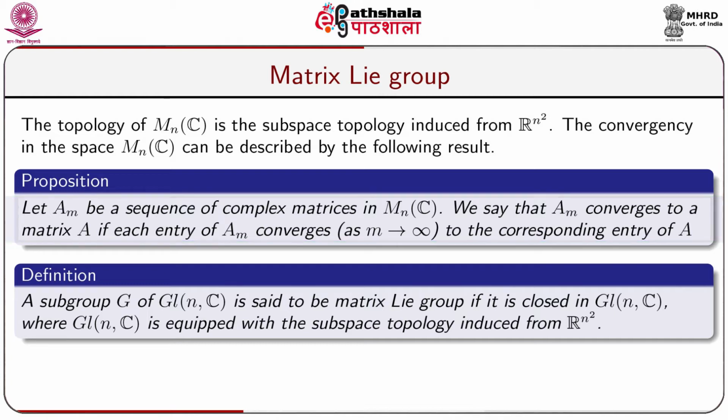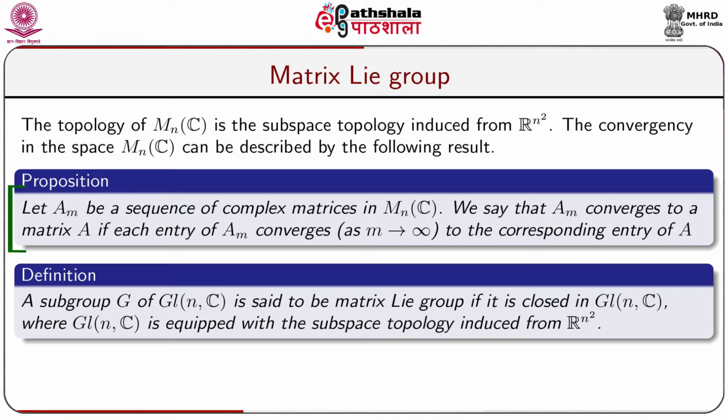We say that Am converges to a matrix A if each entry of Am converges, as m tends to infinity, to the corresponding entry of A. That is, if Am_ij converges to A_ij for all indices ij.